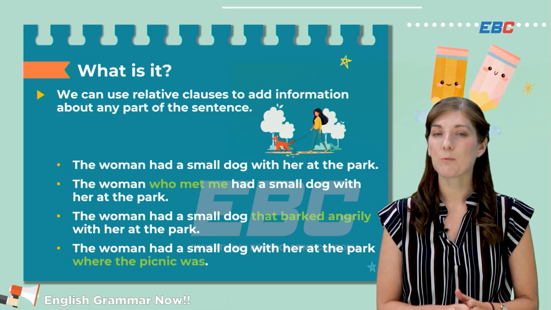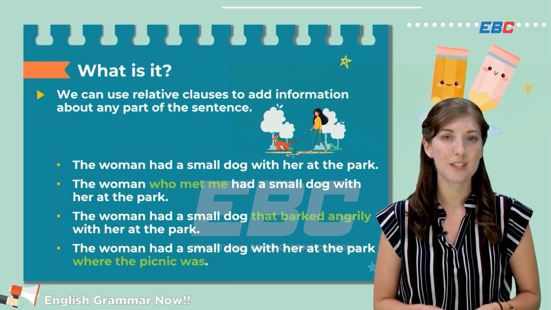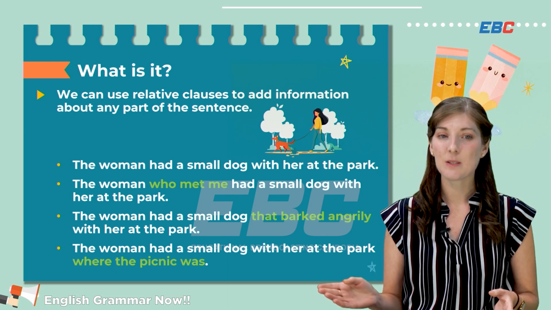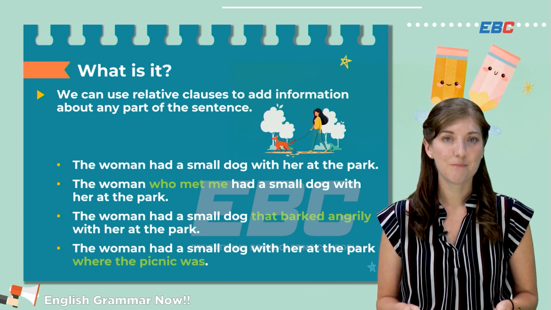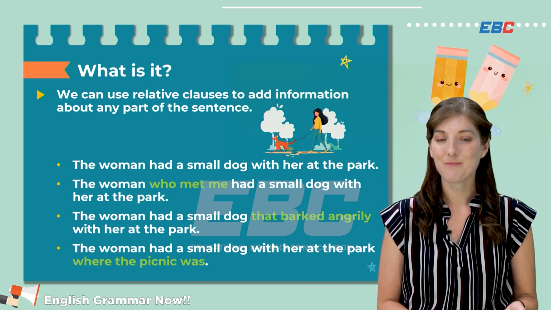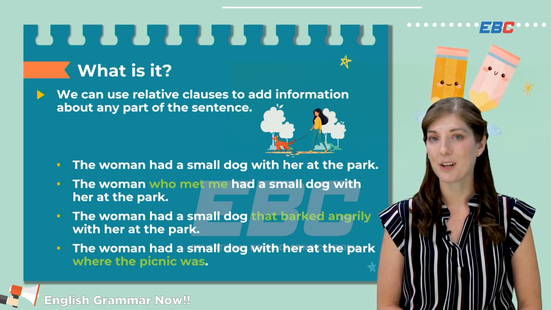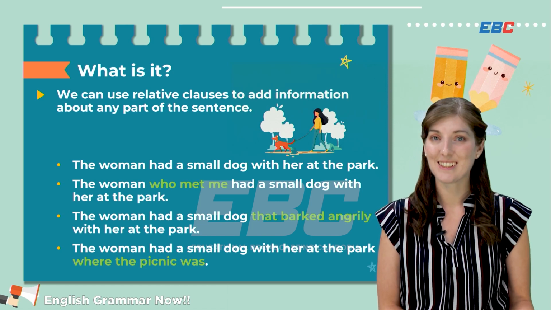We can use relative clauses to add information to many different parts of a sentence. For example, if we had a sentence like this one, the woman had a small dog with her at the park. We could add information about the woman by saying this. The woman who met me had a small dog with her at the park. We could add information about the dog by saying this.